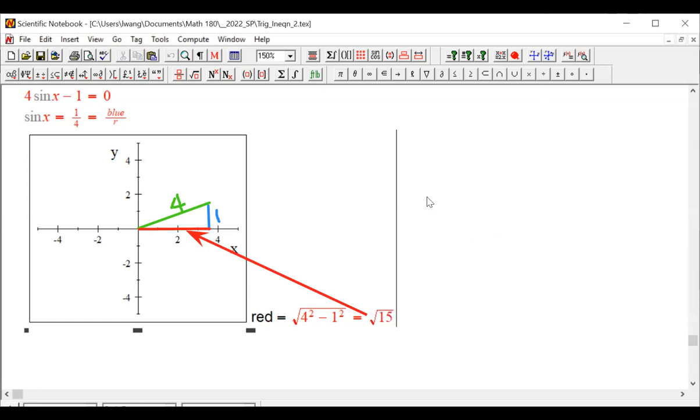Okay? And then what? We can compose our solution because there's another terminal. The other terminal is on the other side.